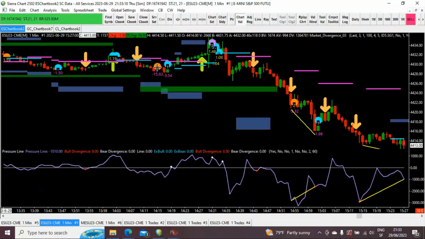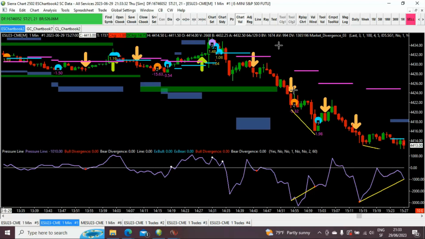So it's the divergence between price and the pressure line that gives us some indication that we may have a reversal coming up, or at least a potential trade entry, assuming that other things like value line, so on, are in our favor.